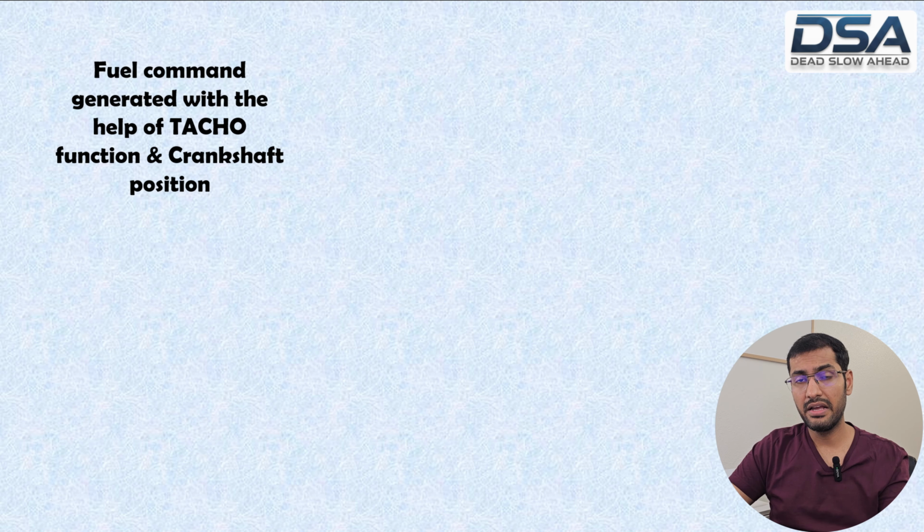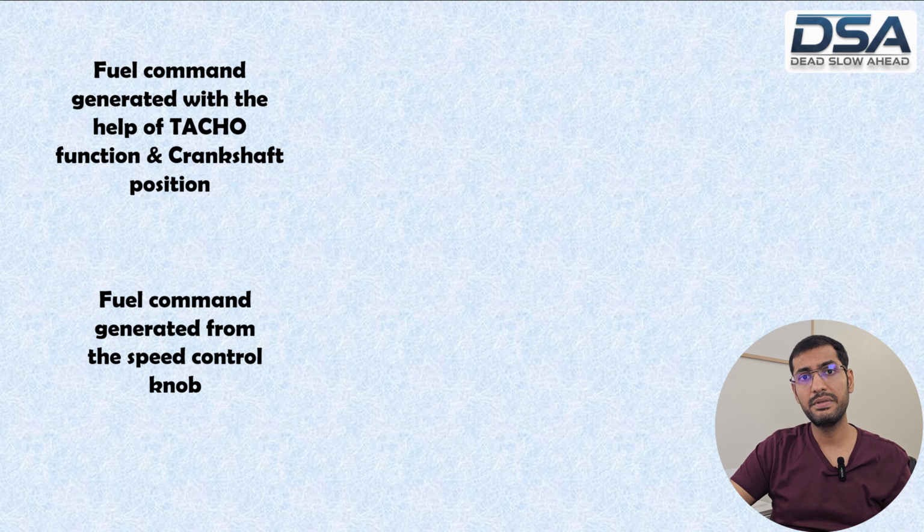But still this is not the final fuel command. Now we have another thing, the speed control knob, because we have set the required speed for that particular engine. Based on the speed control knob, a fuel command is also generated. So we have earlier one fuel command from the tacho function and the crankshaft position, and now we have another fuel command from the speed control knob.